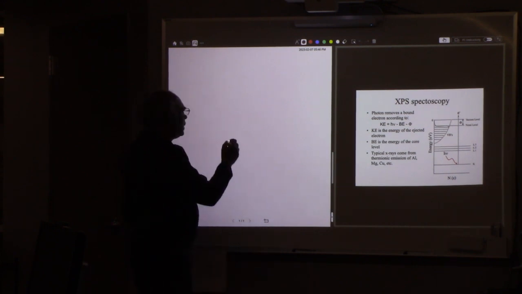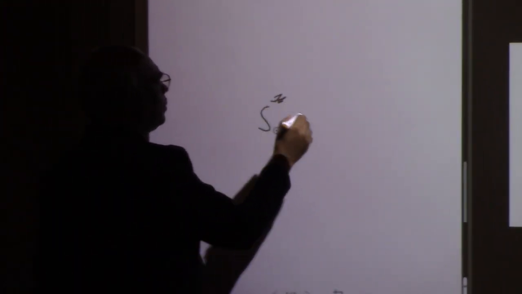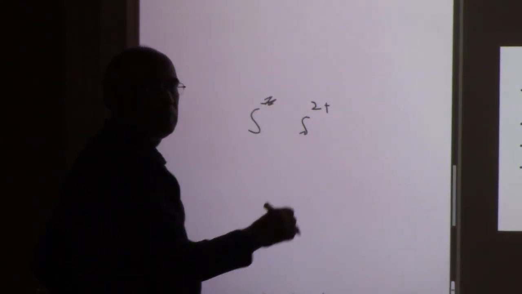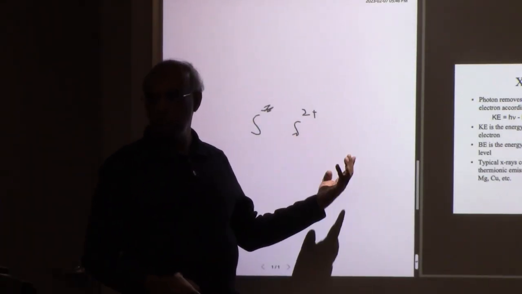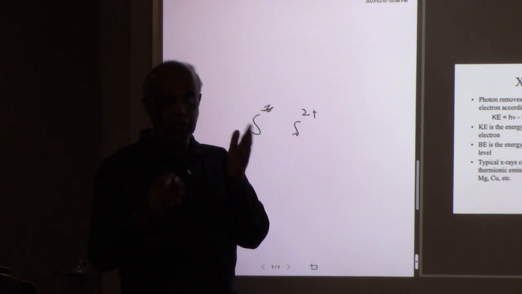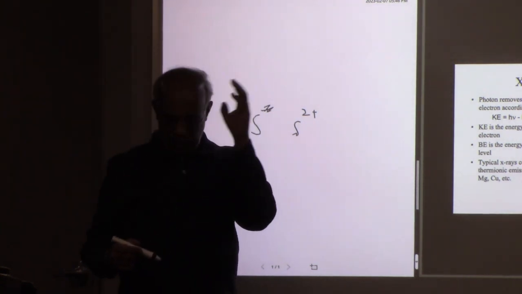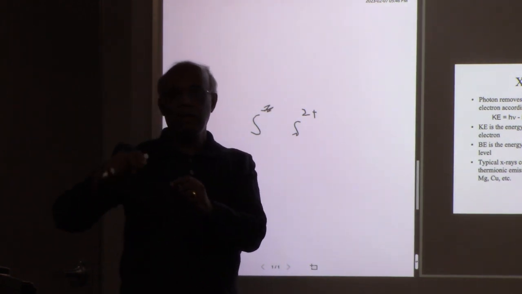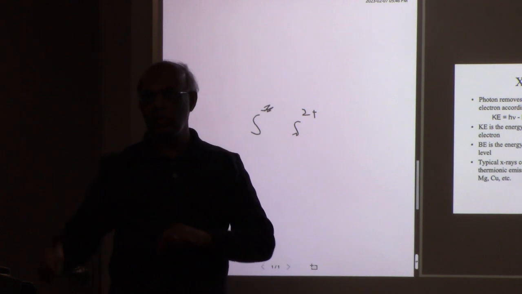Suppose you have sulfur, you can have maybe sulfur plus or sulfur 2 plus. Whatever that oxidation state is, you can easily observe it from XPS. XPS is basically X-ray photoemission: shine X-ray light and look at the emitted, photoemitted electrons. That's what XPS means.